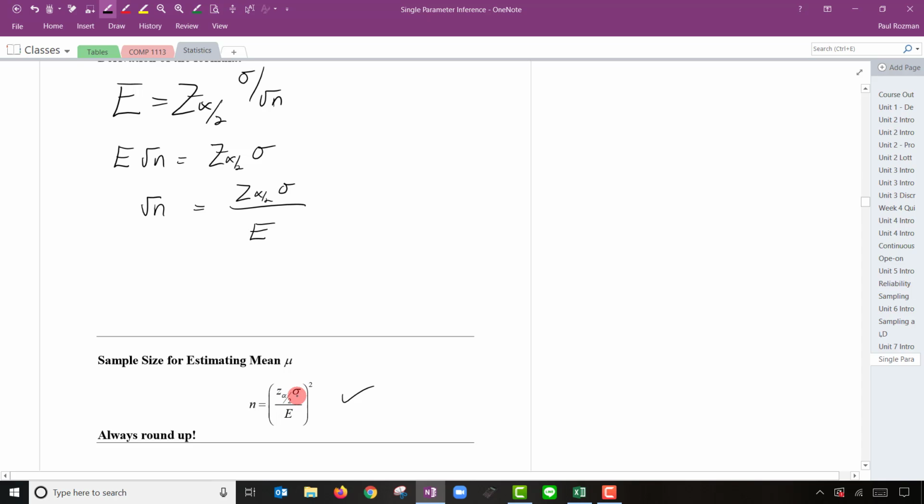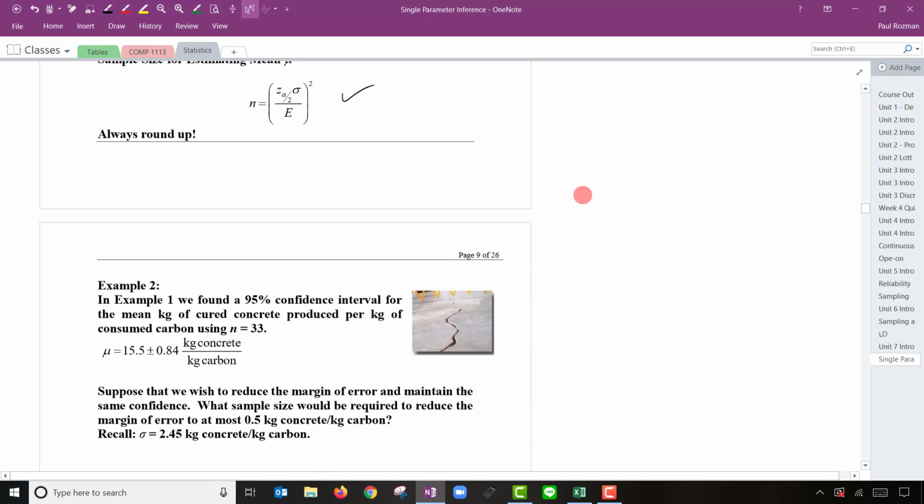But in order to do that, you have to know what sigma is. So we're going to estimate sigma in most cases. And we'll estimate in such a way that we just err on the high side. And if we err on the high side for this sigma estimate, well, then we'll make sure that we're sampling enough to achieve the level of error that we desire.